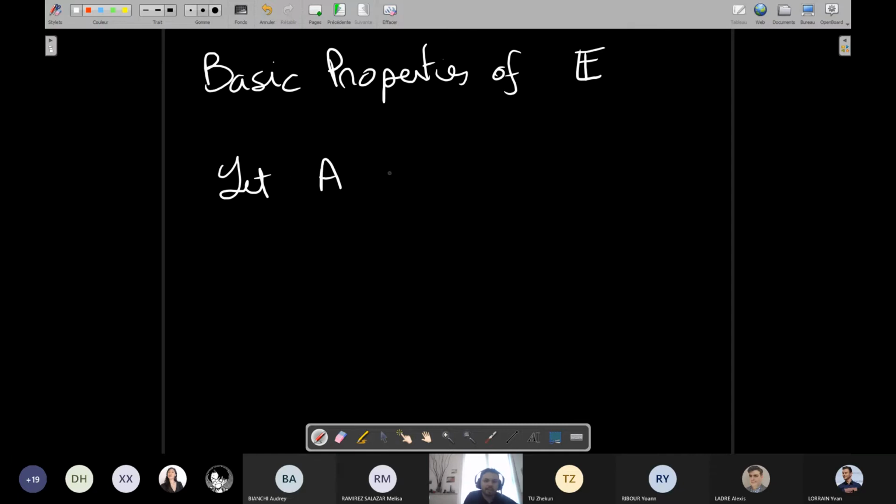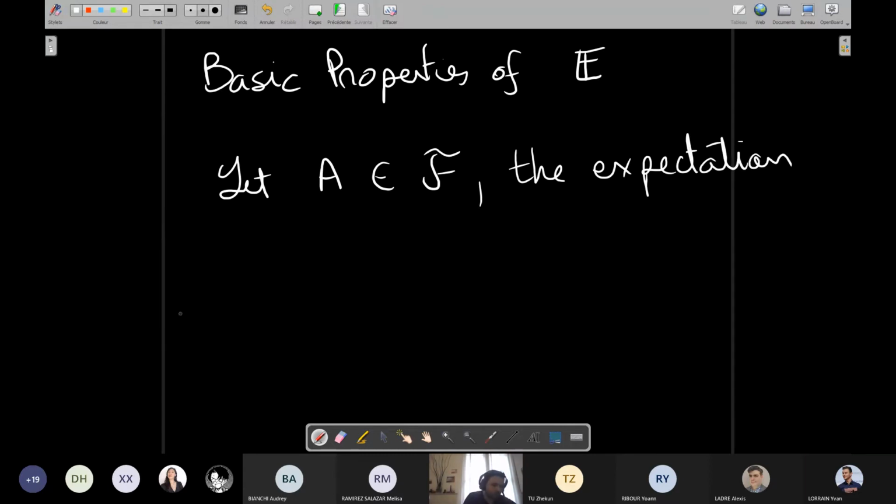Let A be an event. It's an element of the sigma field F. The expectation of the indicator of A. Do you remember what the indicator function of A is? Is it clear for everyone? It's the function that takes value 1 if x is in A and 0 if not.